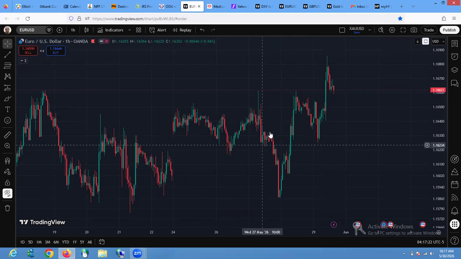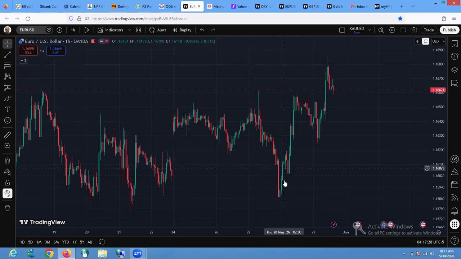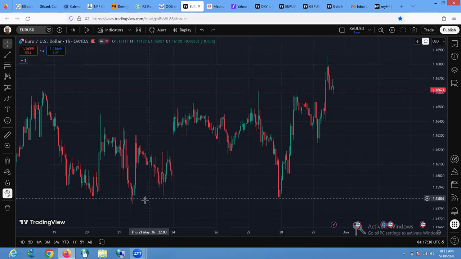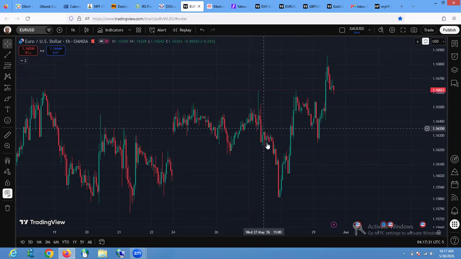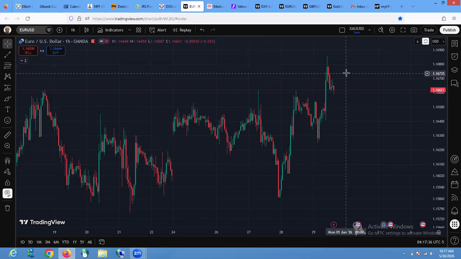Seeing 1, 2, 3, and a break to the upside, it tends to be a clear wave 2. Or again, of course, you can still call it a wave A and a wave B, and we'll see how this one goes up. And if this is going to be a wave C, then we should spot at least 5 clear waves to the upside.